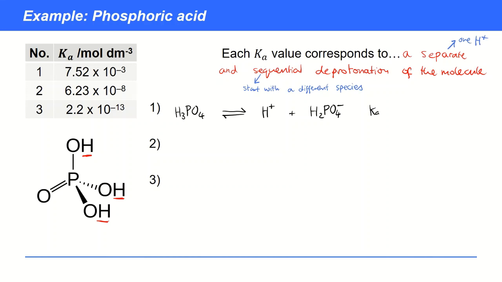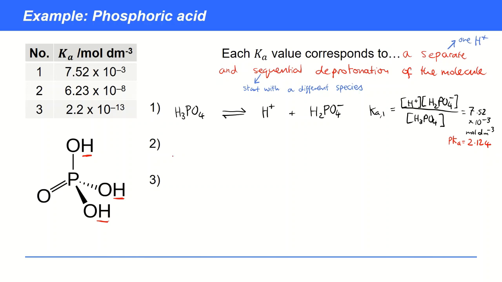Now if we write the Ka expression for that, it would be H plus times H2PO4 minus over the concentration of H3PO4, and that one there is going to be 7.52 times 10 to the minus 3 moles per decimeter cubed, or a pKa value of 2.124.